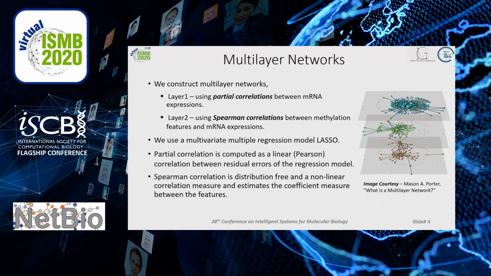Partial correlation is computed as a linear correlation between residual errors of the regression model. We use the Lasso model for multivariate multiple regression computation. Spearman correlation is a distribution-free statistical procedure, and unlike Pearson's correlation, this method is not a linear correlation measure.